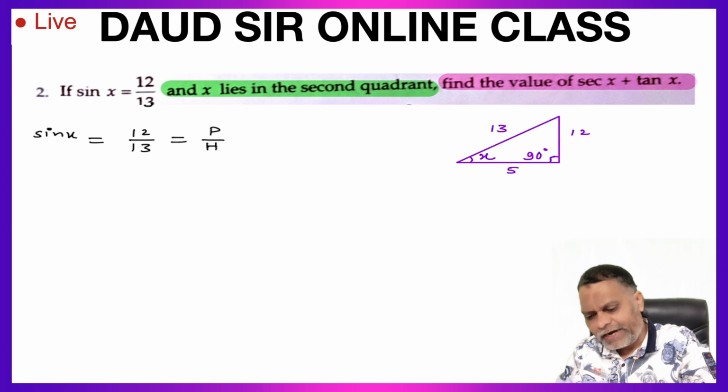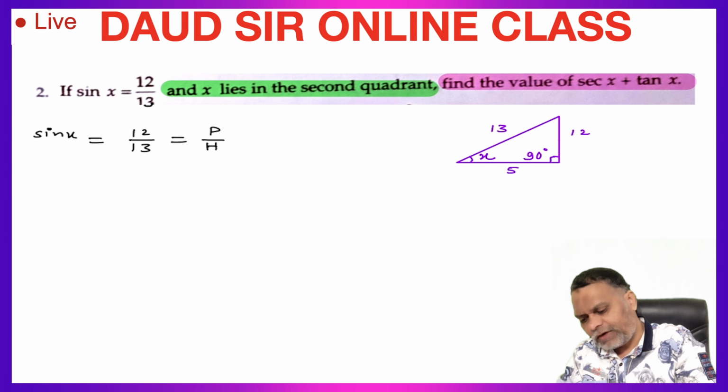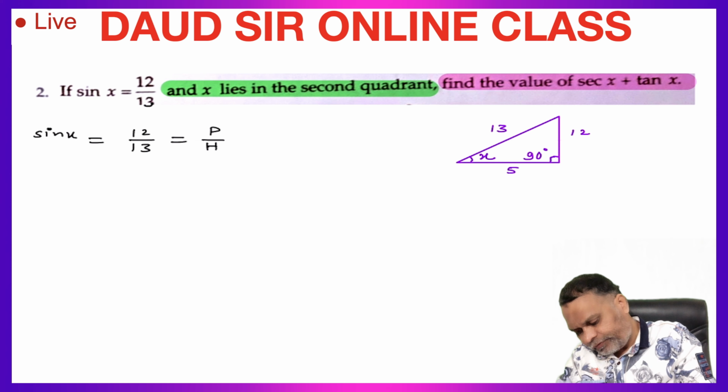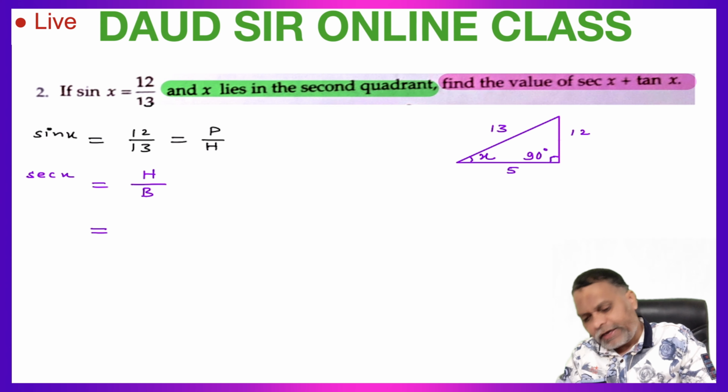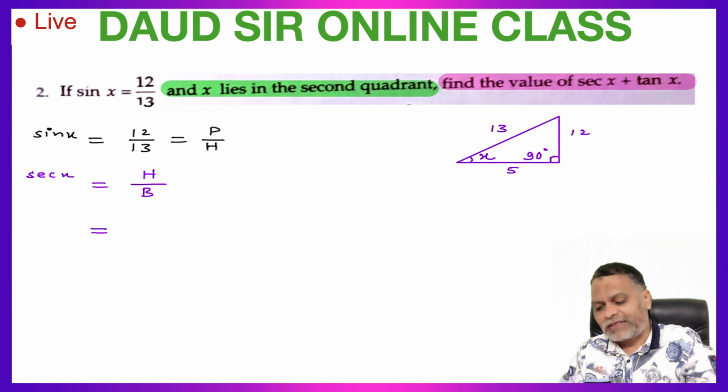So first we can write the value of sec x and tan x, or directly we can use this. So I am calculating the value of sec x. Sec x is equal to hypotenuse upon base. x is given in the second quadrant, and in the second quadrant sec is negative.